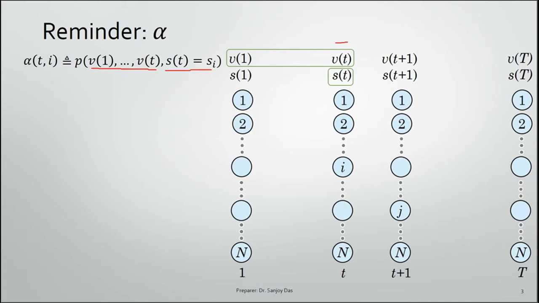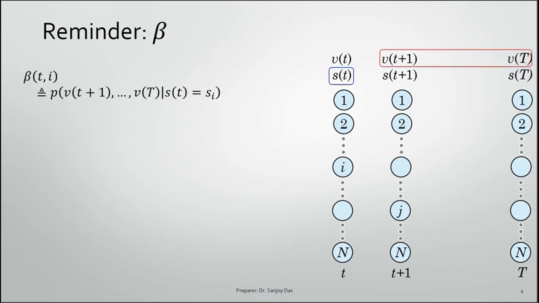That's alpha t i, and so it's a joint probability. Likewise, beta t i is the probability of the future output sequence, t plus 1 to uppercase T, given St equals Si. So that's the conditional probability.